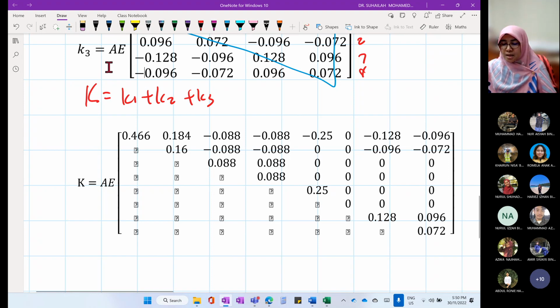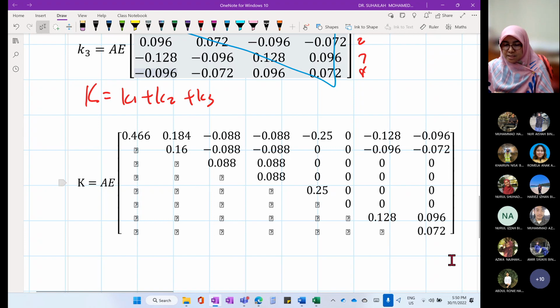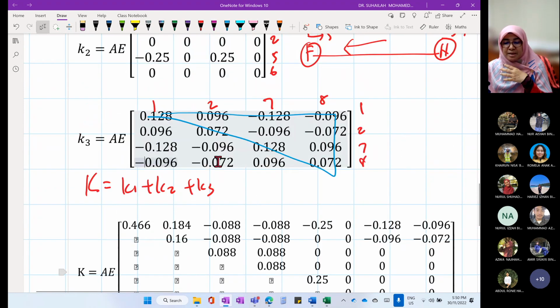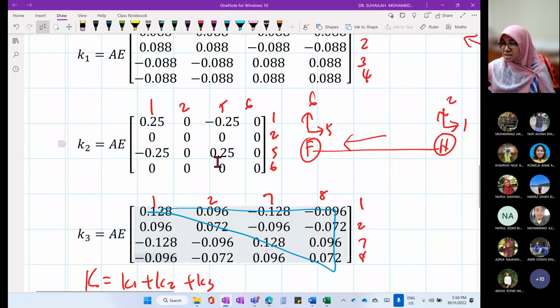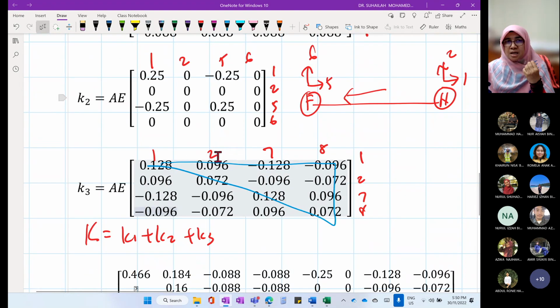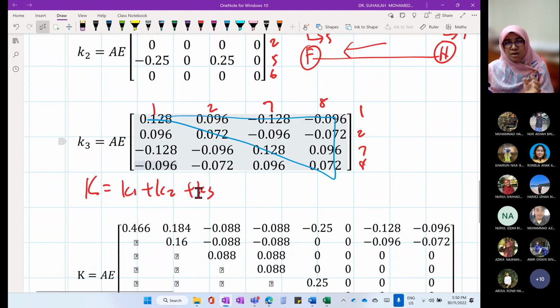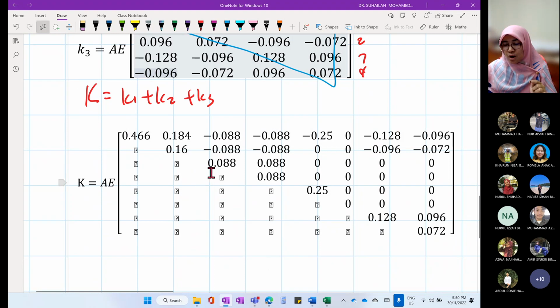Write the diagonal like this only. Sometimes the question doesn't even mention the structure stiffness matrix. Maybe the question says establish element stiffness matrices, which means K1, K2 and K3. If the question says establish the structure stiffness matrix, then you have to give it in full.